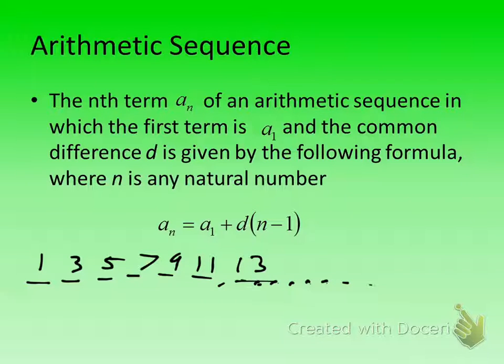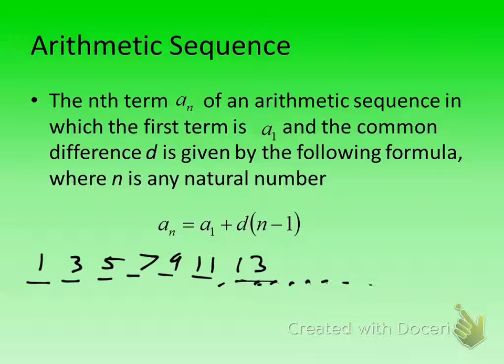So a sub 4 is 7, right? A sub 7 is 13. Okay? For the a sub n thing, you put a 7, whatever you're putting. I'm just giving examples of what they are. This n represents the place of the term, not the term itself, the place in line where it is.